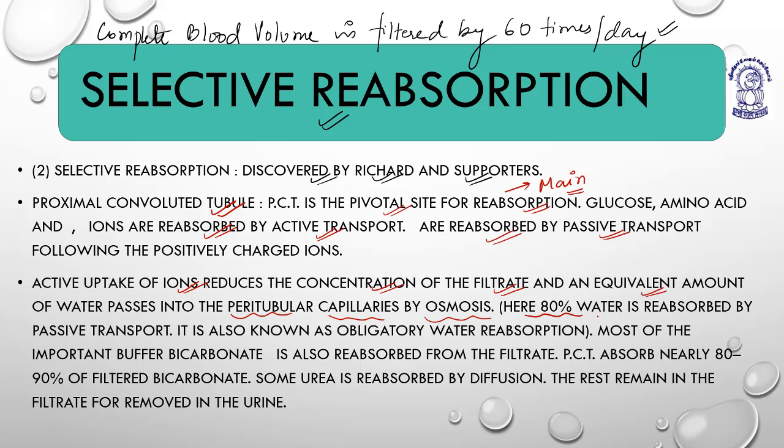Here, 80% of water is reabsorbed by passive transport. This is the proximal convoluted tubule, where 60% of the glomerular filtrate is reabsorbed.